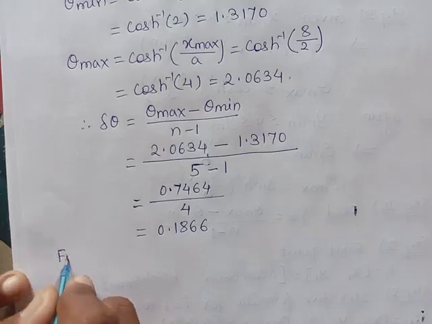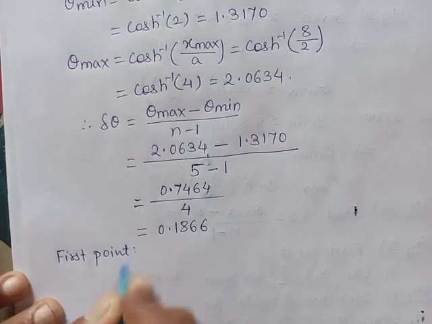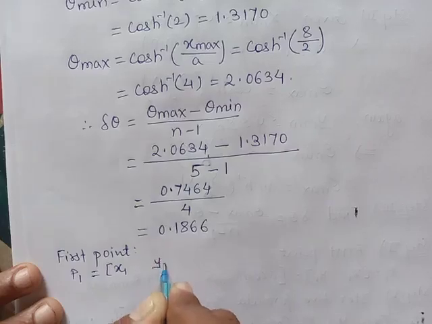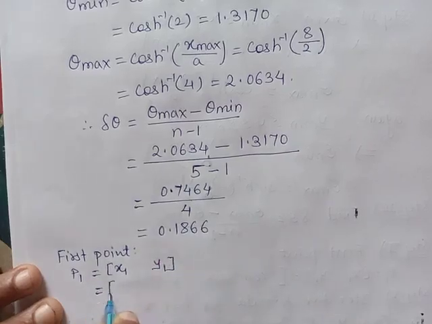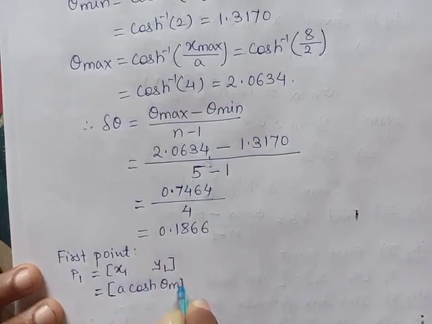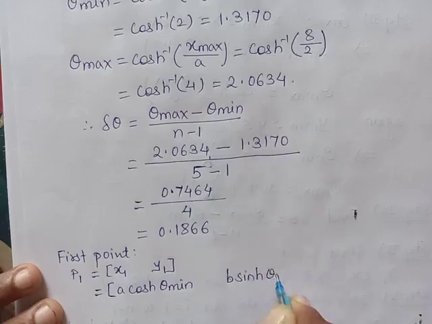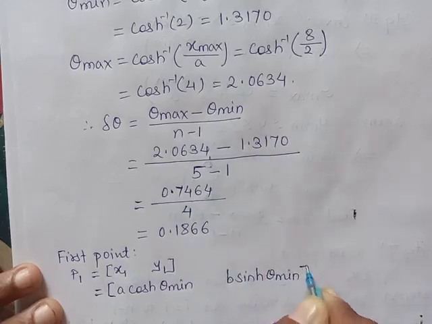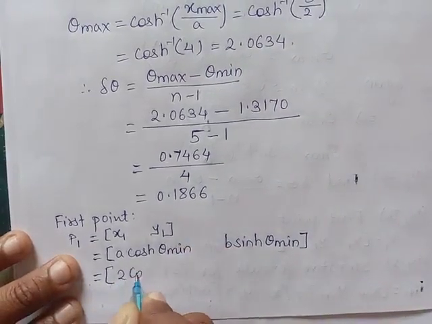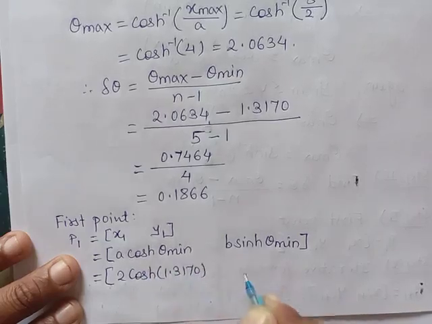Now first point P1 is x1 y1. What is it? A cos hyperbolic theta minimum and B sin hyperbolic theta minimum. This is 2 cos hyperbolic 1.3170.